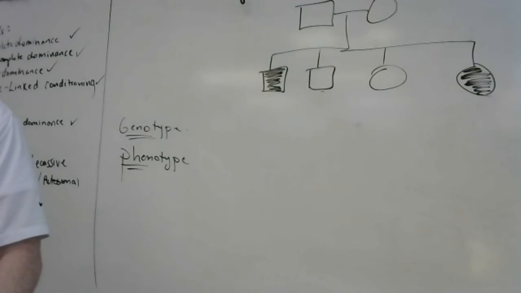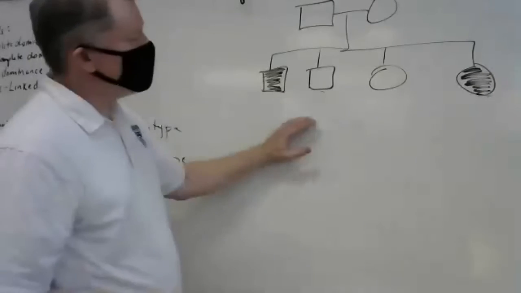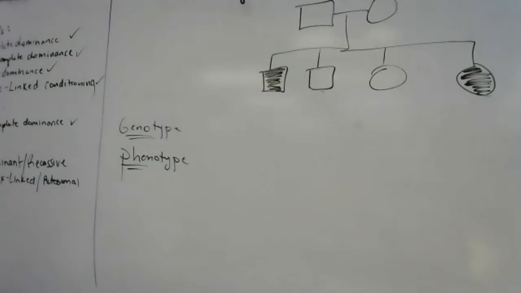One job you're going to have is to figure out, is this a dominant or recessive condition? That's one thing. The second is, is this autosomal or sex-linked? Now, I'll go through those in just a moment, okay? All right, now, first thing to do is just to kind of look at this and assess it. We got 2 children that have the condition. Neither parent expresses it.